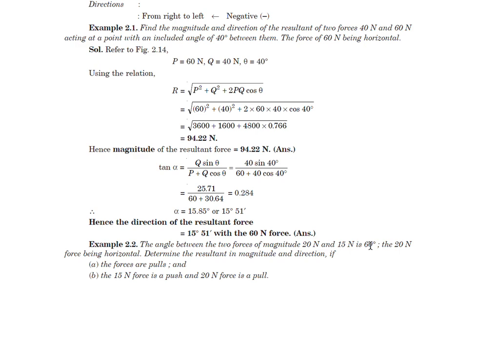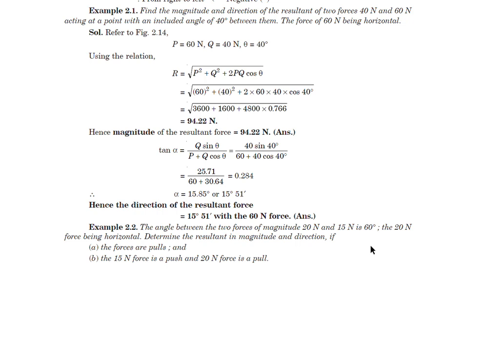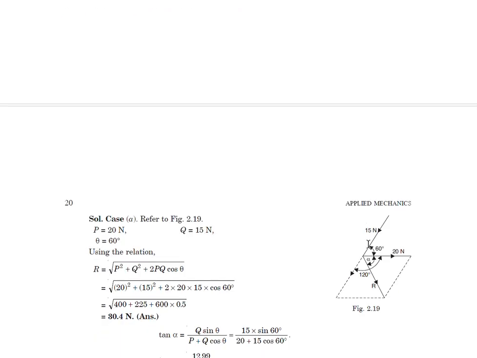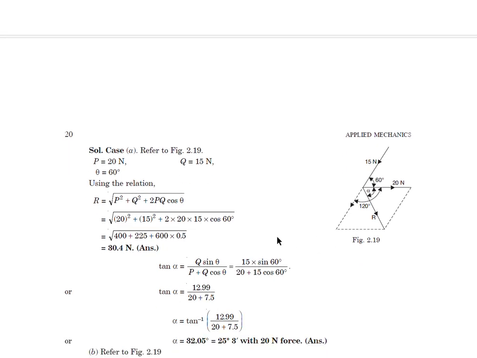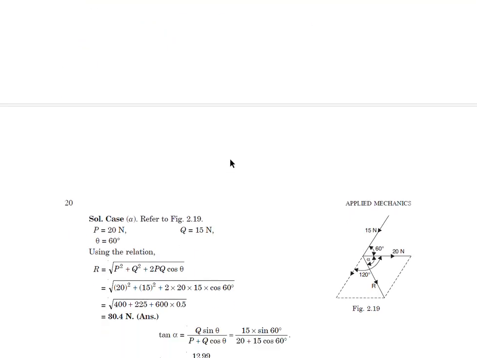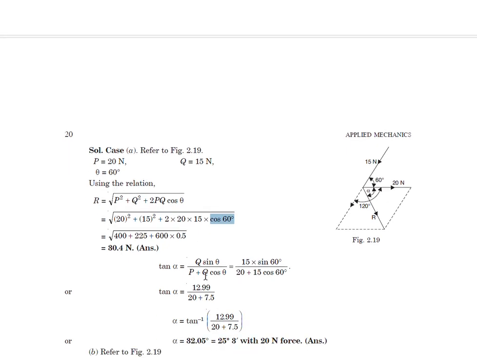That means both the forces are going in a similar direction, pointing outwards from the origin, like this. Sorry, this figure is not representing the first part. The first part is easy. The angle is given again. You can apply the same formula: P square plus Q square plus 2PQ cos theta. The angle is given to be 60, and we can simply find this over here, and similarly we can find the angle.